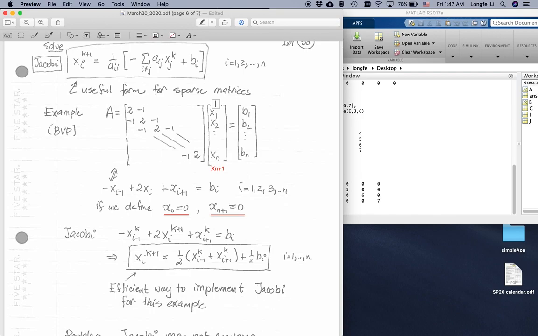Because they are equal to 0, we do not need to include them in my equation.